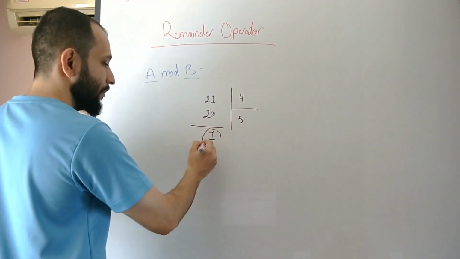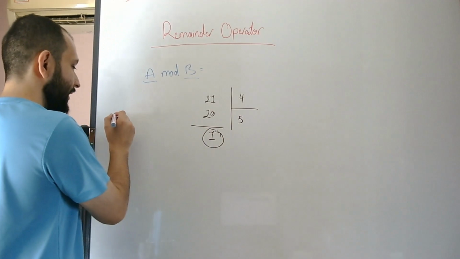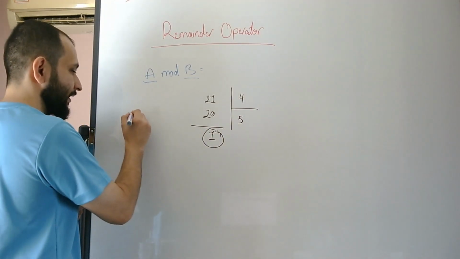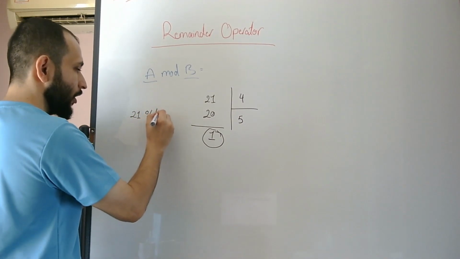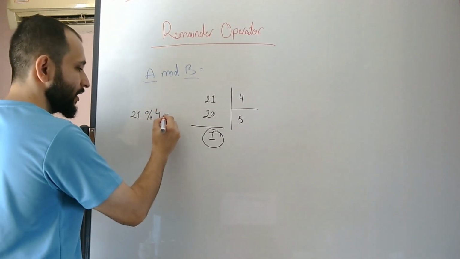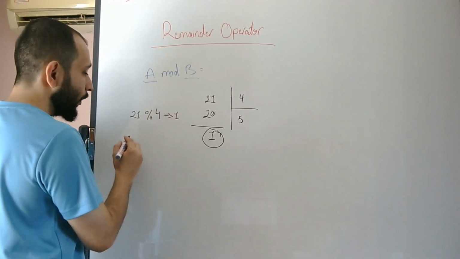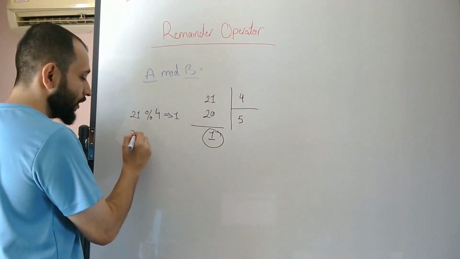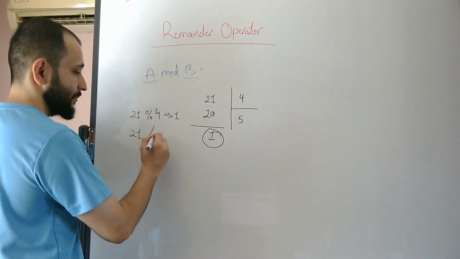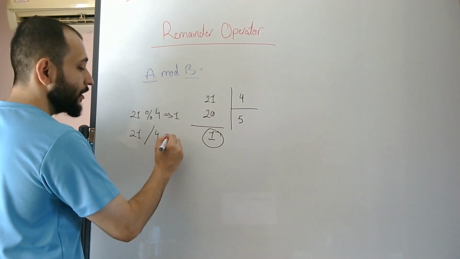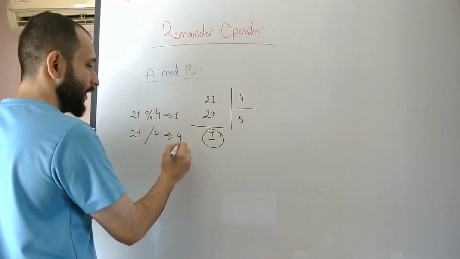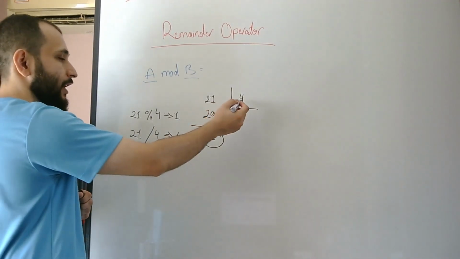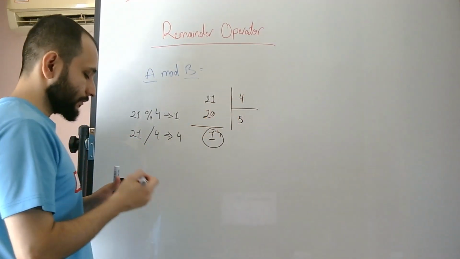So this is the remainder that we need. If we have an operation like 21 mod 4, the result is going to be 1. However, if we have 21 divided by 4, the result of the division is going to be 5.